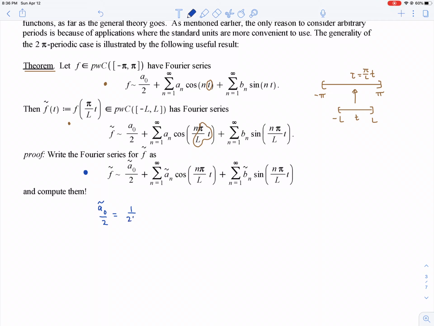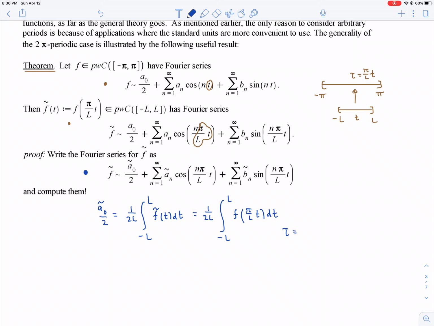It's 1 over 2L, the integral from minus L to L of f tilde of t dt, which is 1 over 2L, the integral from minus L to L of f of pi over L t dt, and we do the same change of variables that we did on the previous page. We're really redoing what we did on the previous page.